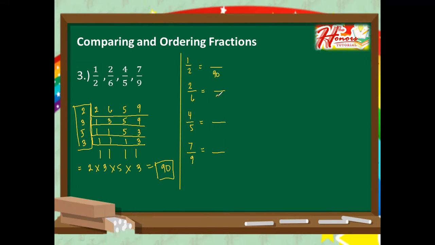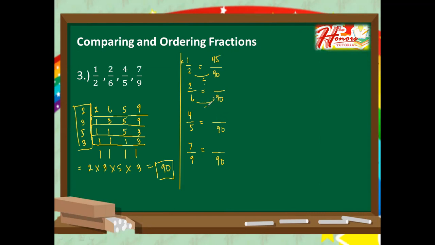So that's 90, 90, 90, 90. So the goal here is to make these fractions similar fractions. So let's divide. 90 divided by 2, that's 45 times 1. So that's 45. That is our new numerator now.